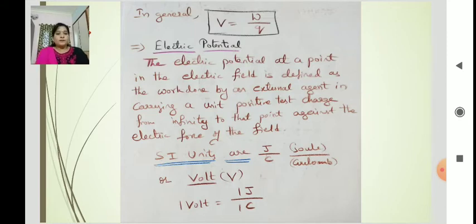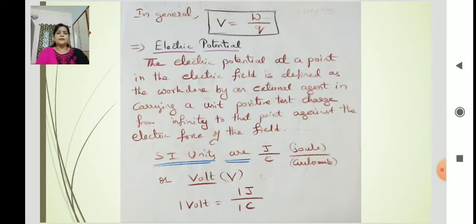So just now we have seen that the electric potential is denoted by capital V, and V is equal to W by Q, where W is the work done and Q is the charge.